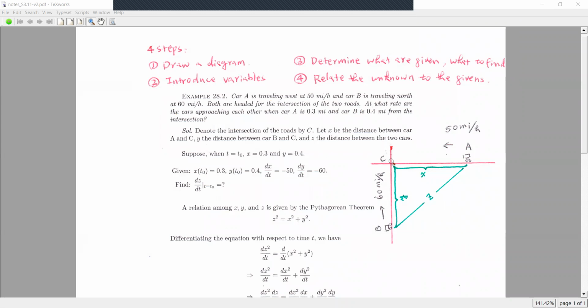The distance between car A and point C is denoted by x, the distance between car B and point C by y, and the distance between the two cars by c. Please note that x, y, and c are changing. They depend on the time t, so they are functions of the time t.